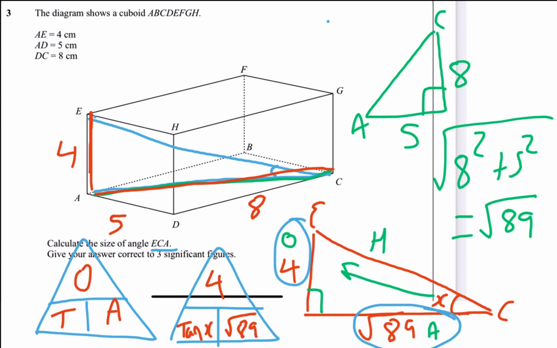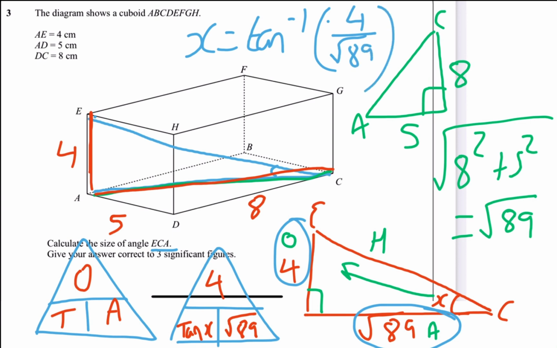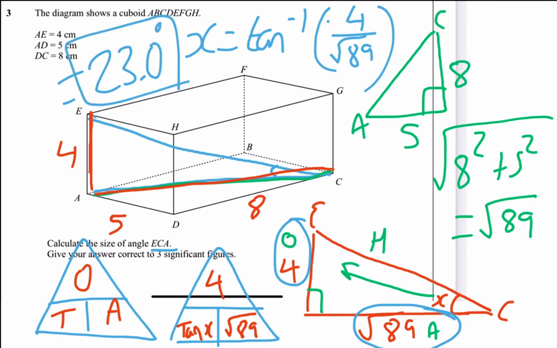I'll just keep it as a surd for now. Therefore, X equals tan minus 1 of 4 over root 89. Close the bracket. It should give us an answer of 23.0 degrees. It's 3 significant figures, that's why it needs a 0 there.